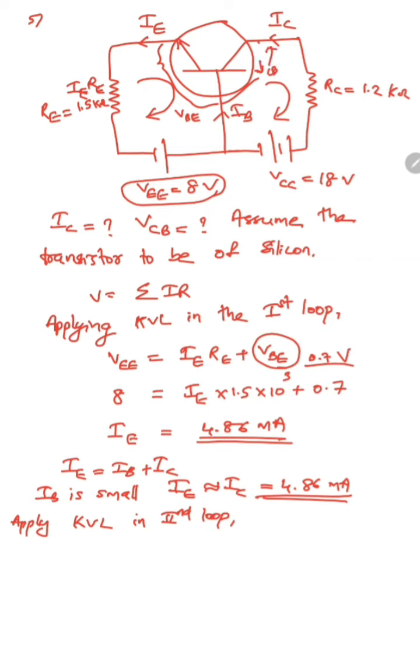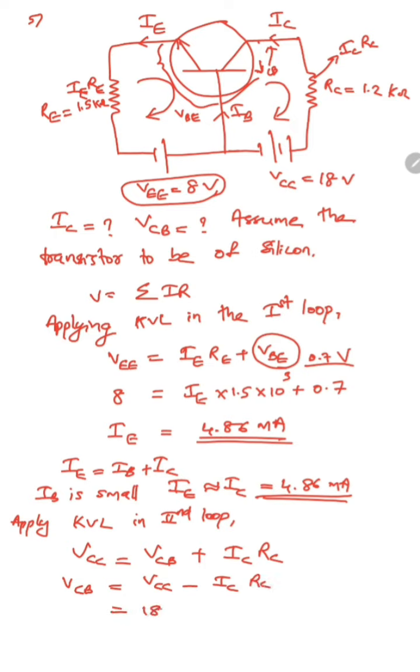So we can say that VCC is equal to VCB plus the voltage drop across RC, that is ICRC. So we have to find VCB as VCC minus ICRC.